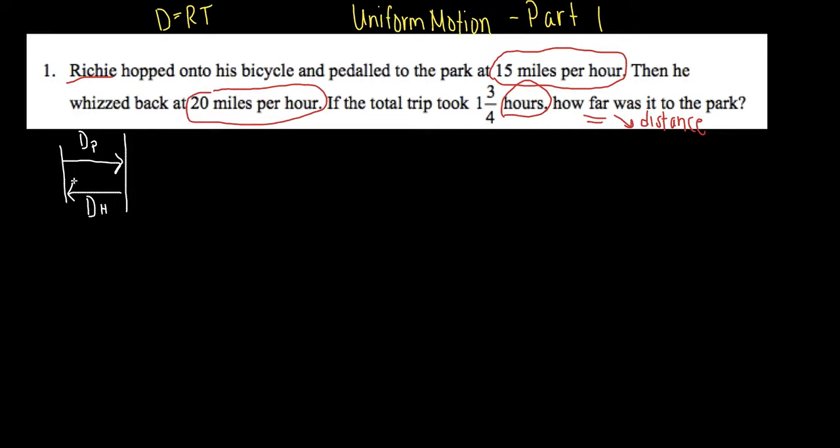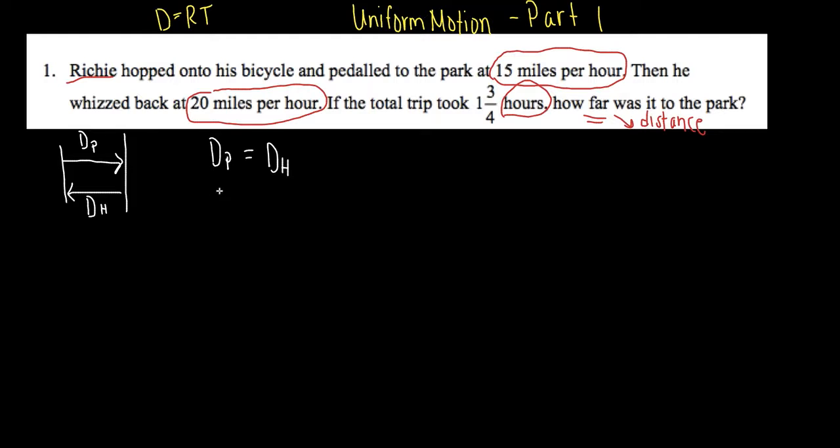I drew these arrows about the same size because the distance to the park should be the same as the distance home, because the park and the home are not moving in space. And so the main equation I can use is dP equals dH. The distance to the park is the same as the distance home.